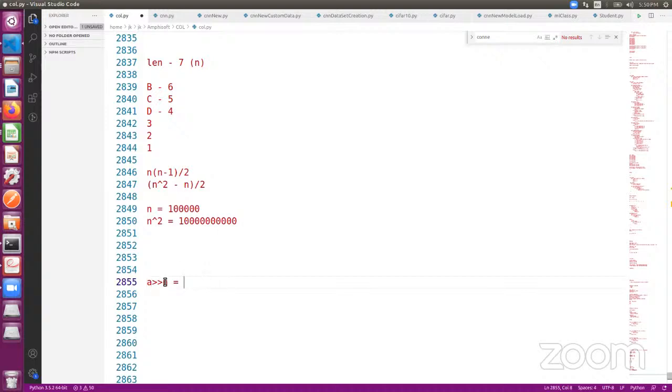For left shift, it is A into 2 to the power of n. For right shift, it is A divided by 2 to the power of n. That is, with respect to Python, 2 double star n.